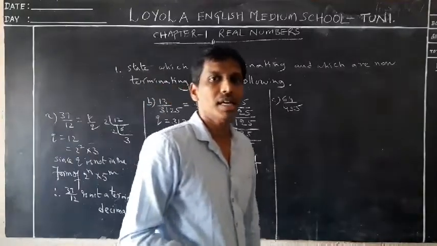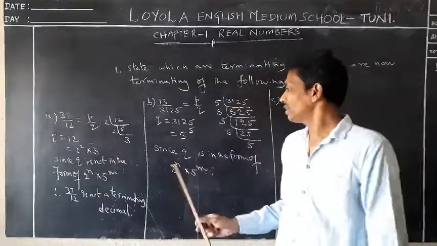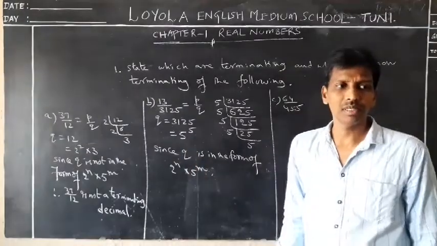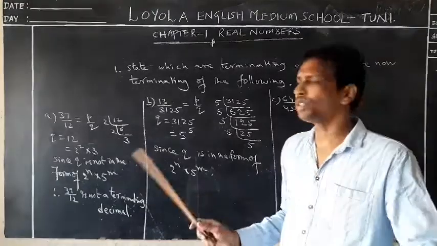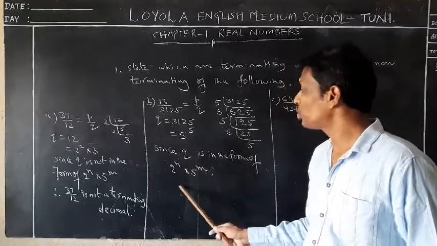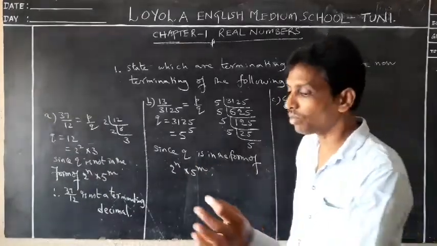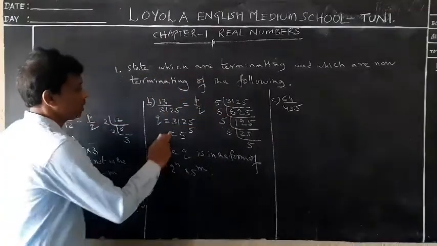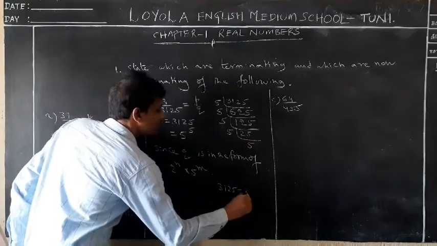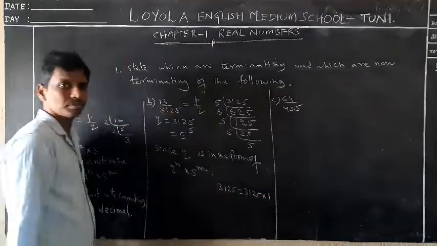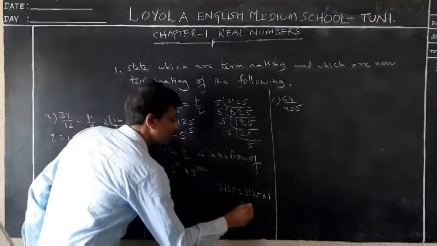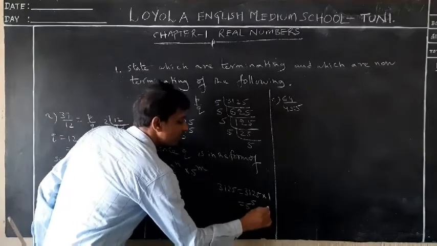Here some students may ask a question: Sir, how can you say 3125 is in the form of 2 power n into 5 power m? Because here 2 is not present in the product of prime factors. How can you say q is in the form of 2 power n into 5 power m? Here one simple thing is there. Can we write 3125 as 3125 into 1? Yes. What is the value of 3125? Actually here 5 power 5. Instead of 1, can we write 2 power 0?